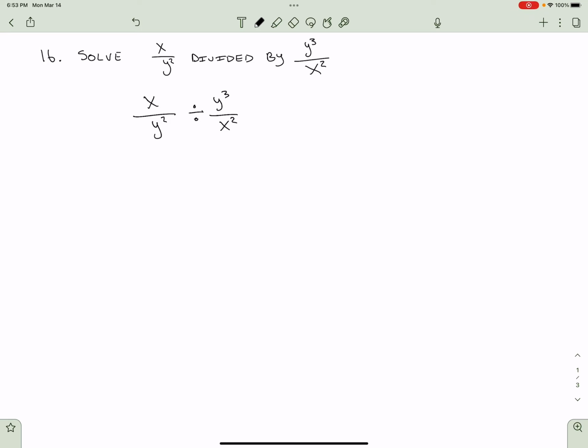Now there's this really neat thing where we can say keep, change, flip. We're going to keep the first term the way it is. So this is going to be x over y squared. We are going to change division to multiplication.